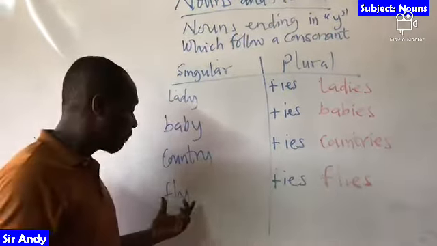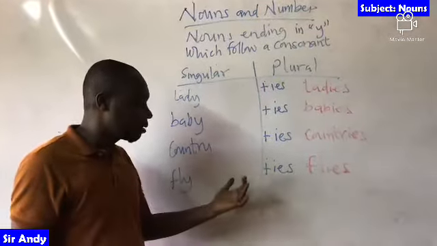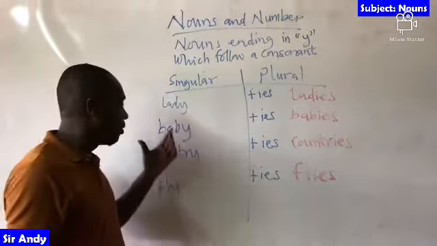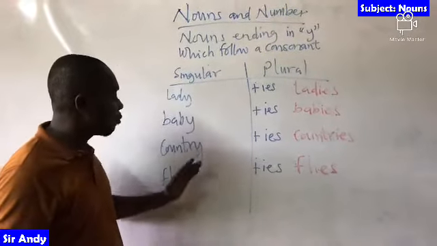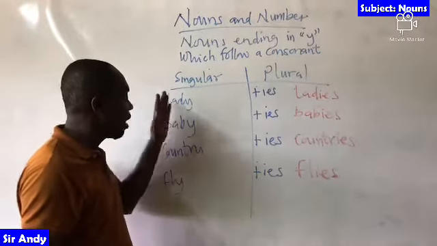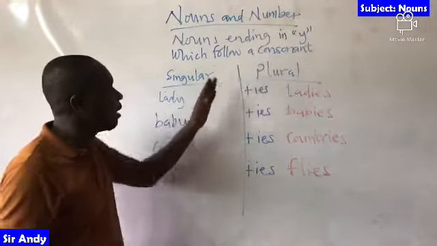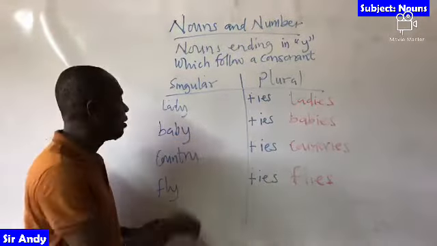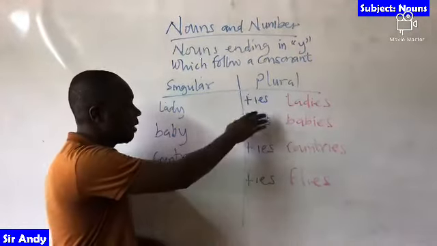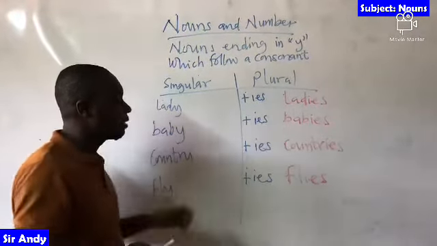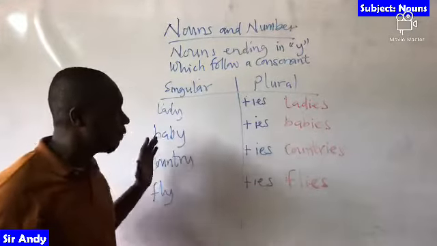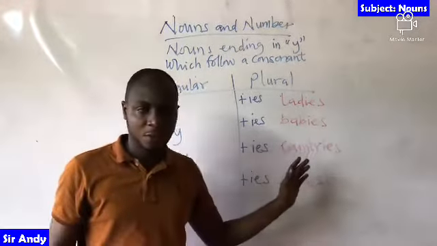Fly becomes flies. So these are a few words which end with y, where the y is coming after a consonant, and therefore the y is taken away and ies is added to change them from their singular forms to their plural forms.